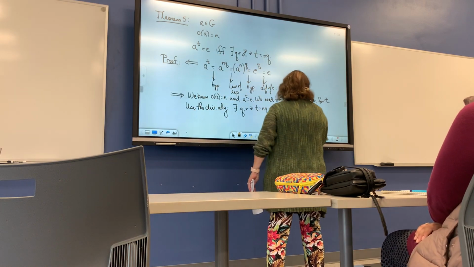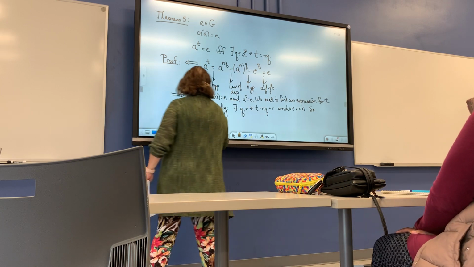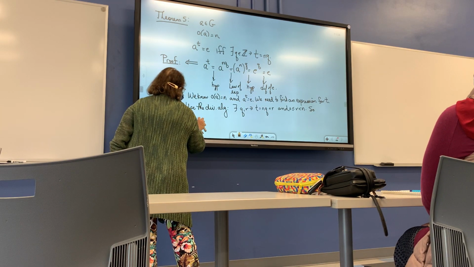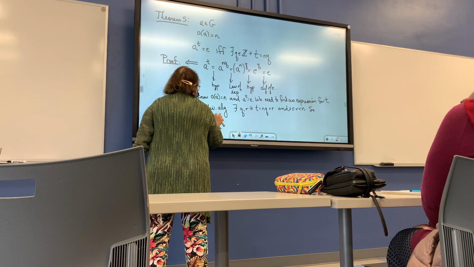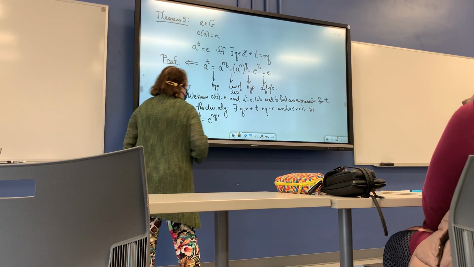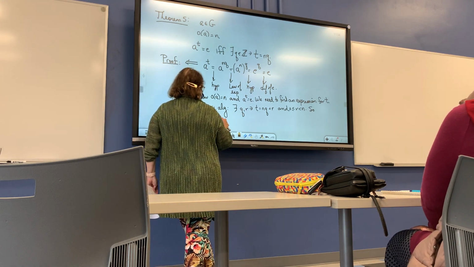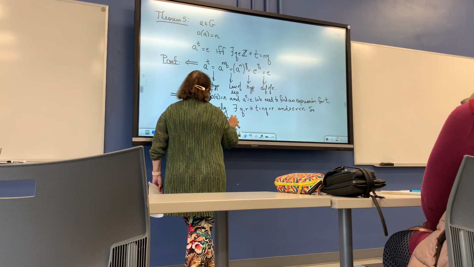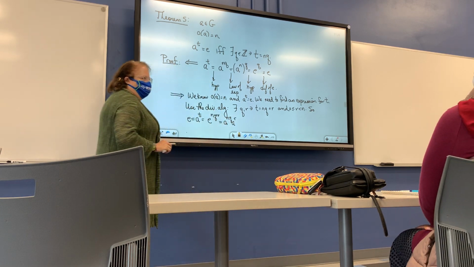So now we use our hypothesis. So e equals a to the t equals a to the nq plus r. Right? Substitution from the division algorithm, equals a to the nq times a to the r, law of exponents.